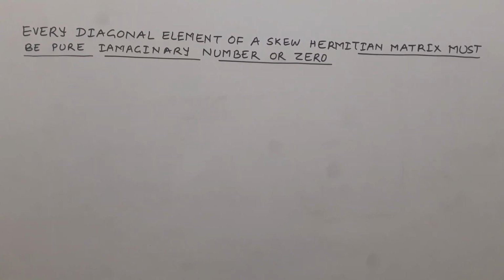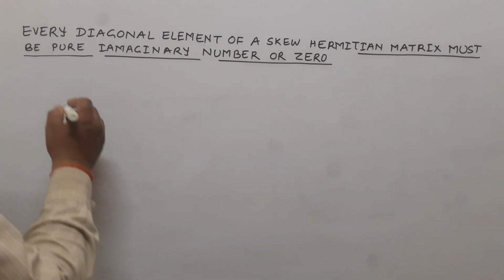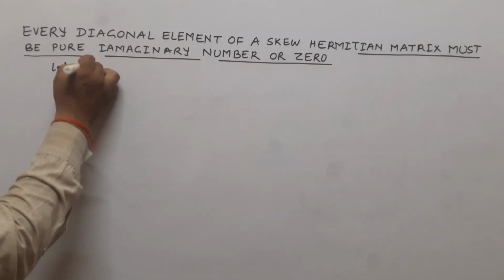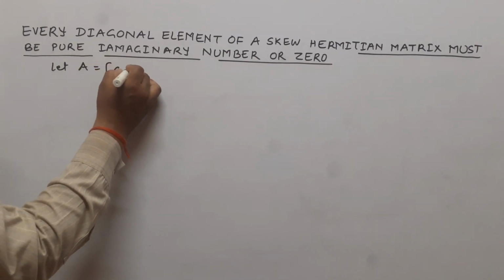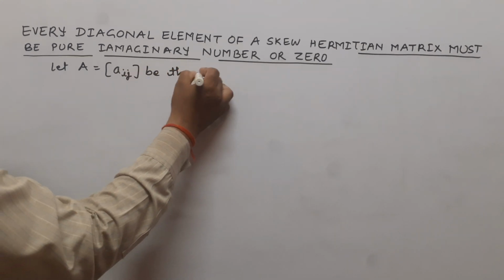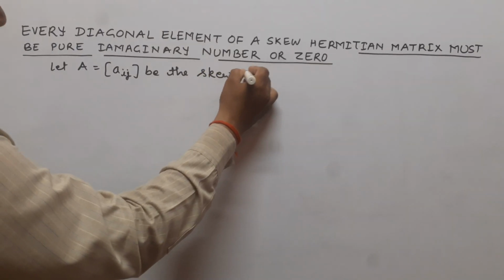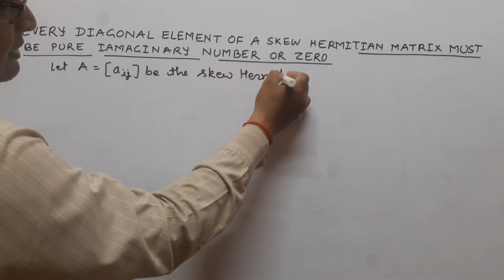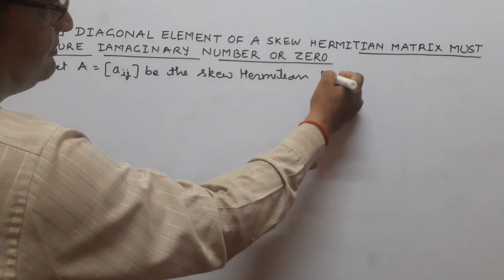Friends, now we prove that every diagonal element of a skew Hermitian matrix must be a pure imaginary number or 0. So first, let us suppose that A = [aij] is a skew Hermitian matrix.